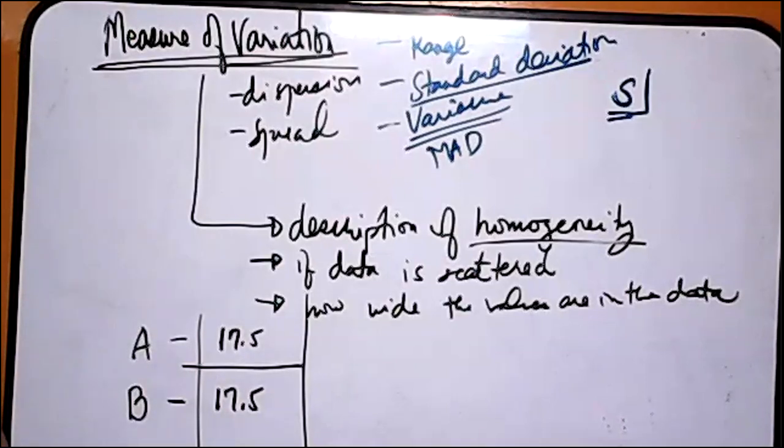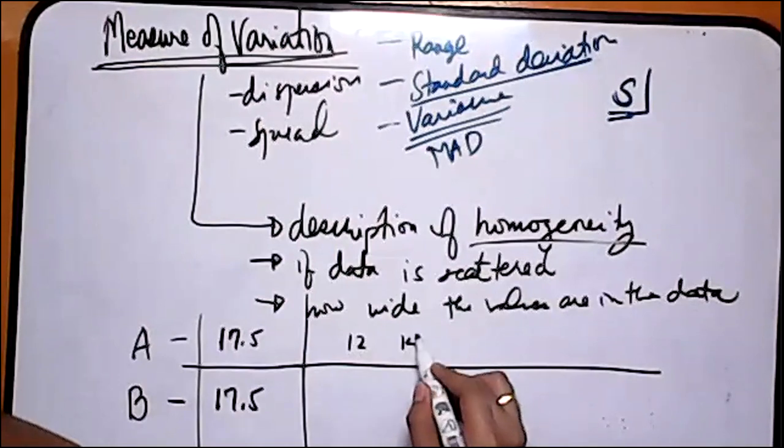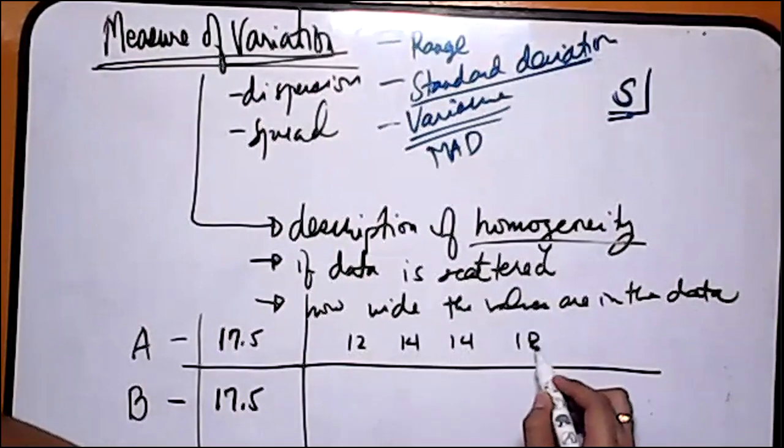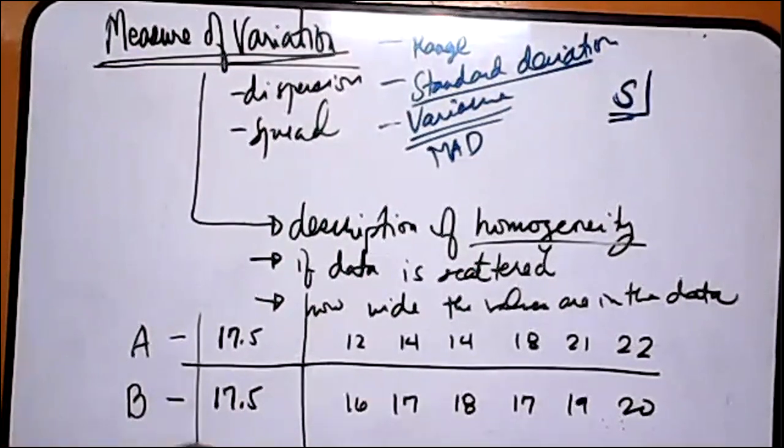Ngayon, kung ganyan, maaari natin tignan yung kanyang standard deviation o yung kanyang range. Tignan natin yung measure of variation niya. So halimbawa, hypothetical lang din ito. Class A: 12, 14, 14, 18, 21, 22. Class B: 16, 17, 18, 17, 19, 20. Okay, for example, ito yung ating data set.